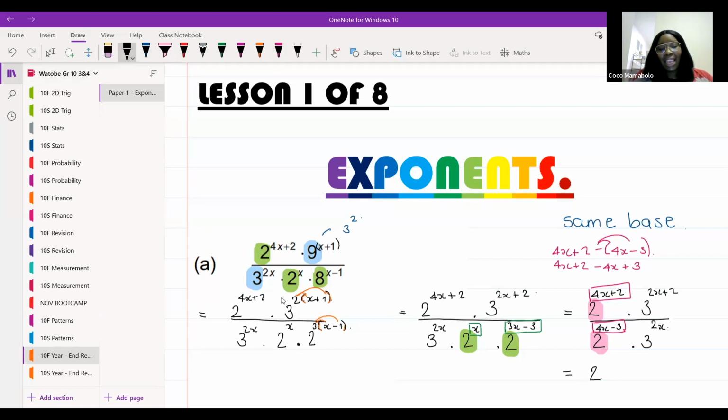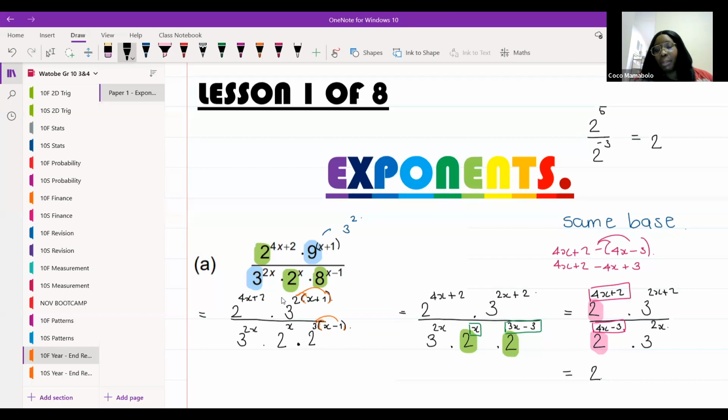So remember, guys, if I have 2 to the power of 5 divided by 2 to the power of 3, that's the same as 2 to the power of 5 minus 3, right? Which would give us 2 to the power of 2, right? But now if my number at the bottom is already negative, if I have 2 to the power 5 divided by 2 to the power of negative 3, here's what's going to happen.